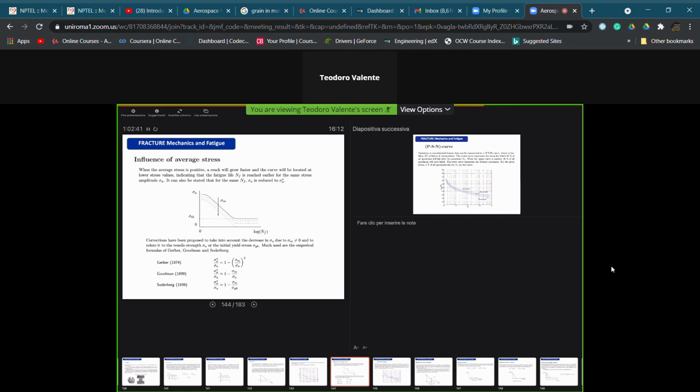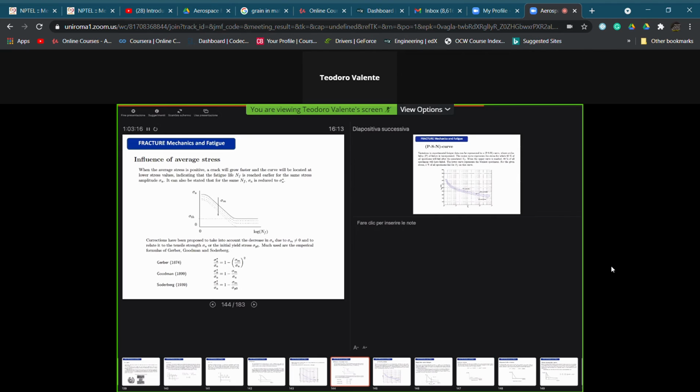What am I going to say a little bit more with respect to all we have discussed some years ago? That first of all, we need to take into consideration that the average stress of the fatigue cycle has an effect. And when the average stress of the fatigue cycle is positive, that is of the sign of a tensile stress, the eventually pre-existing crack will grow faster.